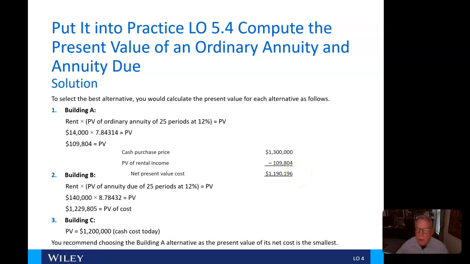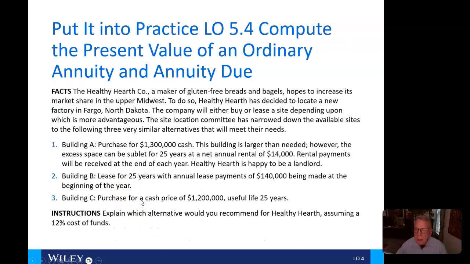And that says our net present value cost is $1,190,196. For building B in option 2, we just simply had rent for 25 periods at 12% as an annuity due, because let's go back here, they made that at the beginning of the year.